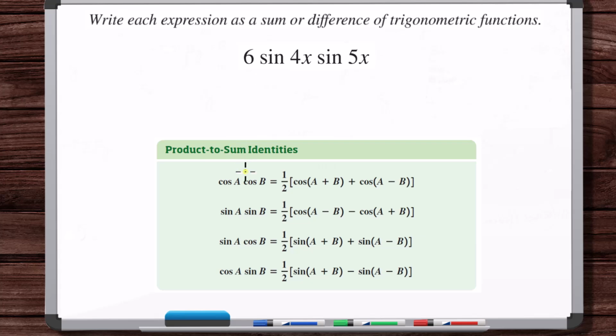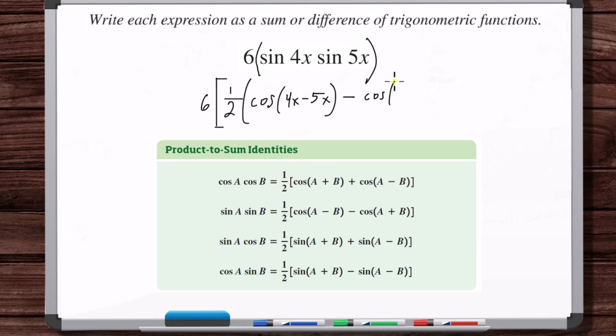There are no coefficients here, like it's not 2 sine A sine B. So we've got 6, and then we're multiplying by, now let's convert this, 1/2 times all of this, and then we've got cosine of 4x minus 5x minus cosine of 4x plus 5x.